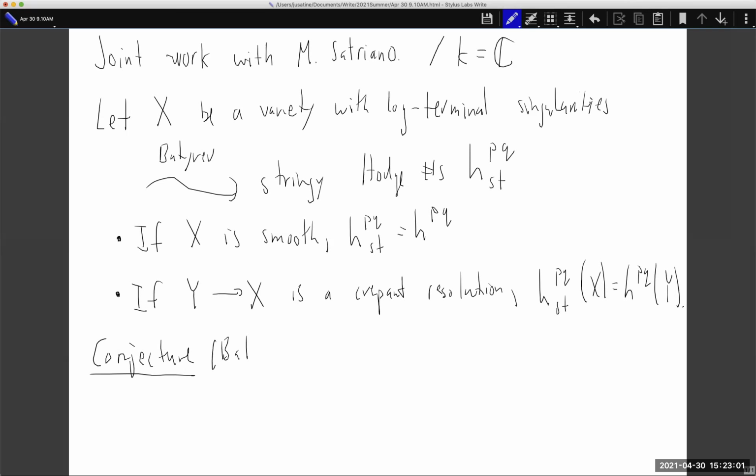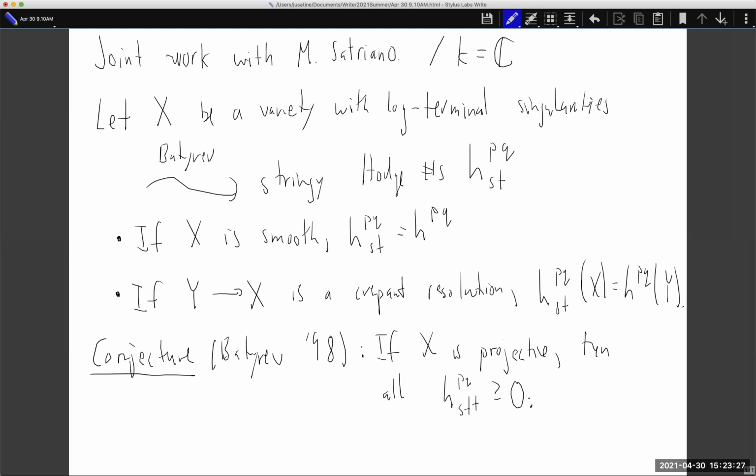So there's a conjecture from Batyrev that goes back to '98, in the paper where he introduced stringy Hodge numbers. He conjectured that if X is projective, but still allowed to be singular, then all of the stringy Hodge numbers should be non-negative.